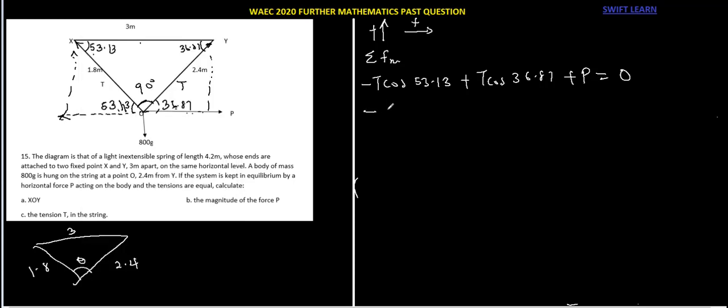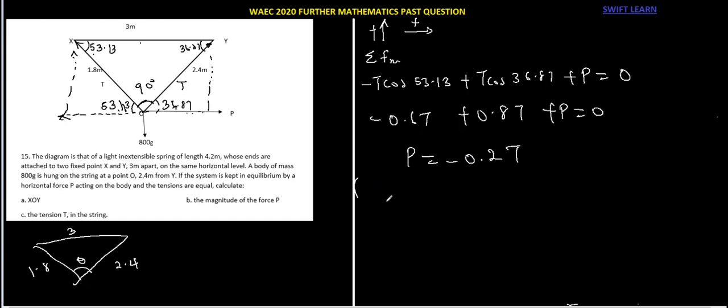Okay, so now this will be minus 0.6T plus 0.8T plus P equals 0. So my P will be minus 0.2T when you get that.